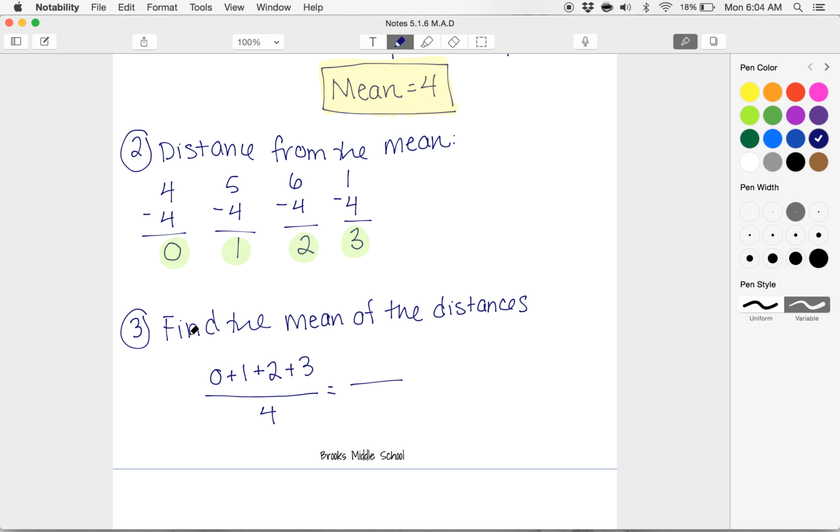So 0 plus 1 plus 2 plus 3 gives me 6 divided by 4. MAD equals 1 and 5/10.